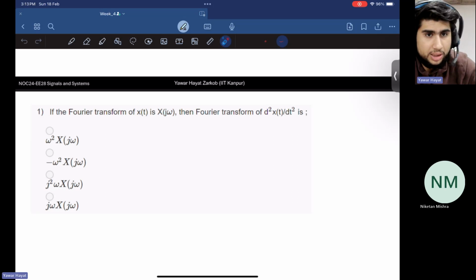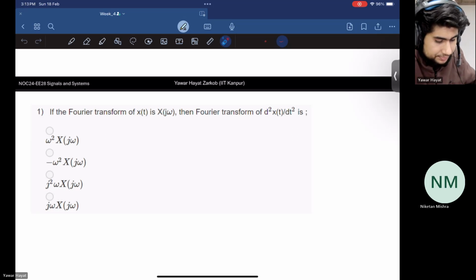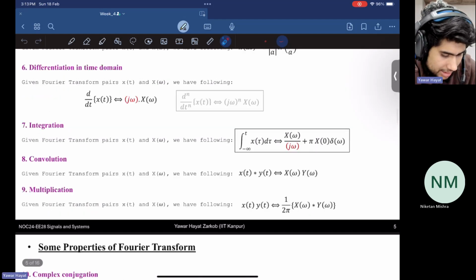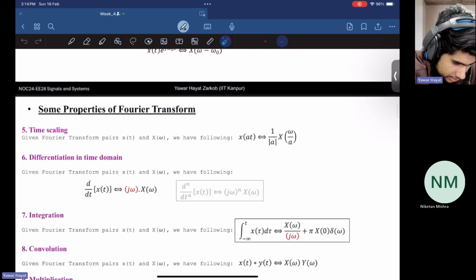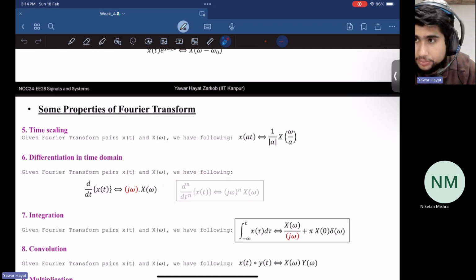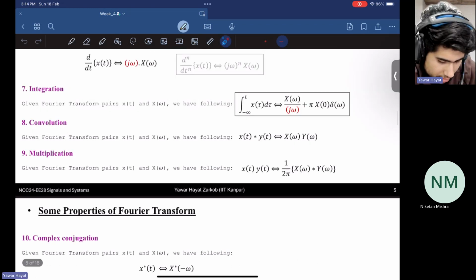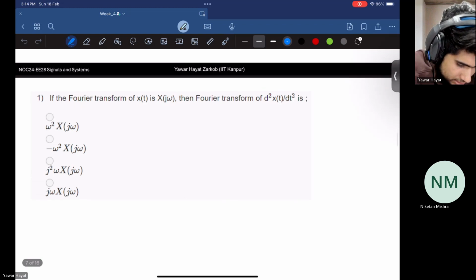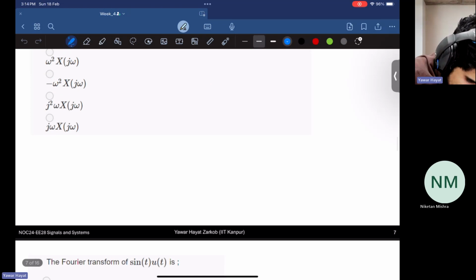Okay, let me now try this myself. This is nothing but a special case of this property, where n is 2. I'll directly use that.